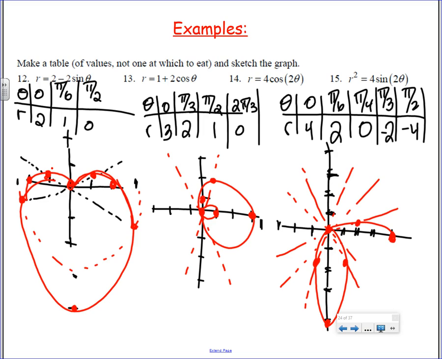Then as I go to 5 pi over... Oh, I didn't do my pi over 3s over here. It's a little bit off, but it's close. As I go to 5 pi over 6, that's going to end up being 5 pi over 3, which will be positive 1/2 times 4. And positive 1/2 times 4 will be 2 right out here.